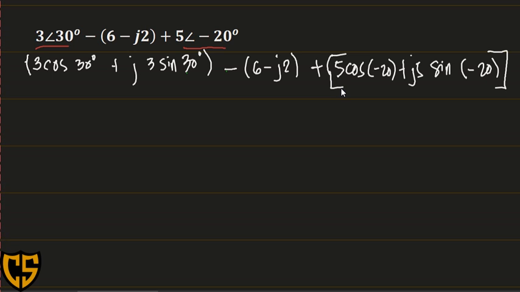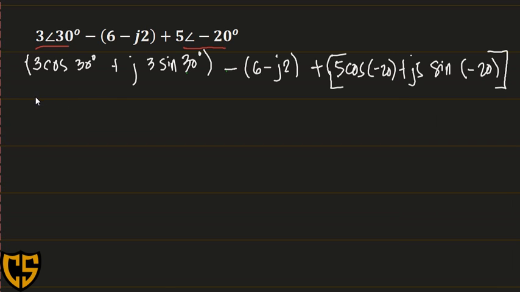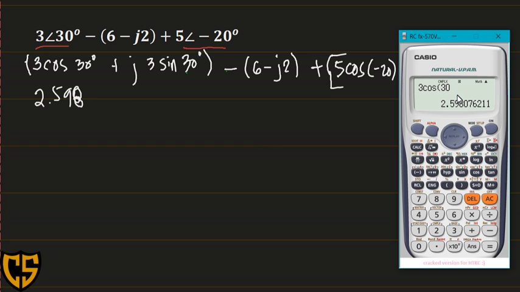Okay, so now let us convert it using our calculator. So we have 3 cosine 30, which is 2.598. Next, we have 3 sine angle 30.